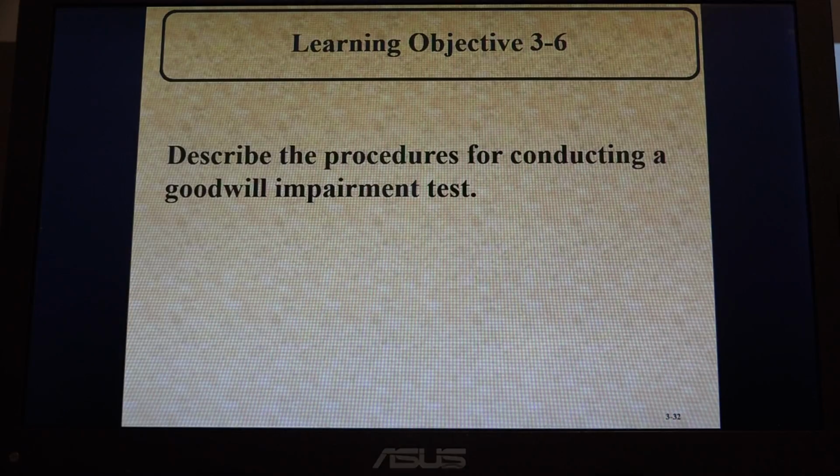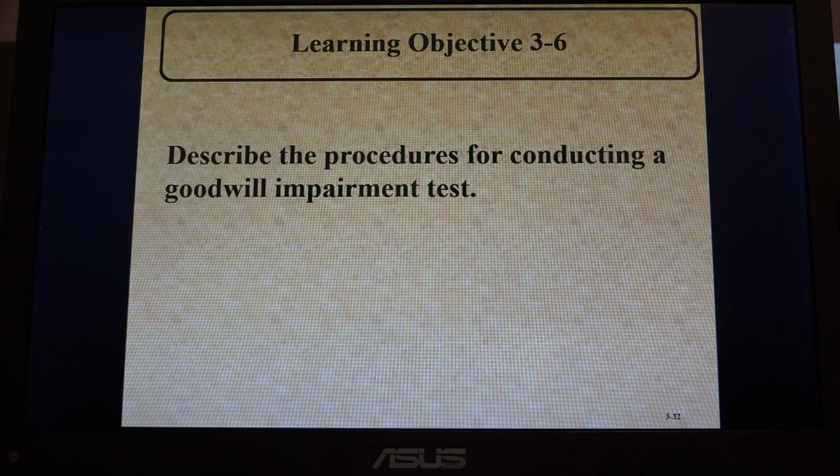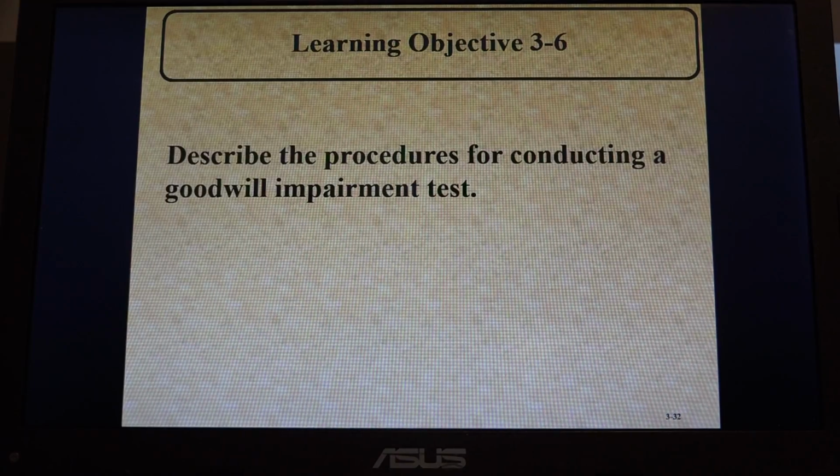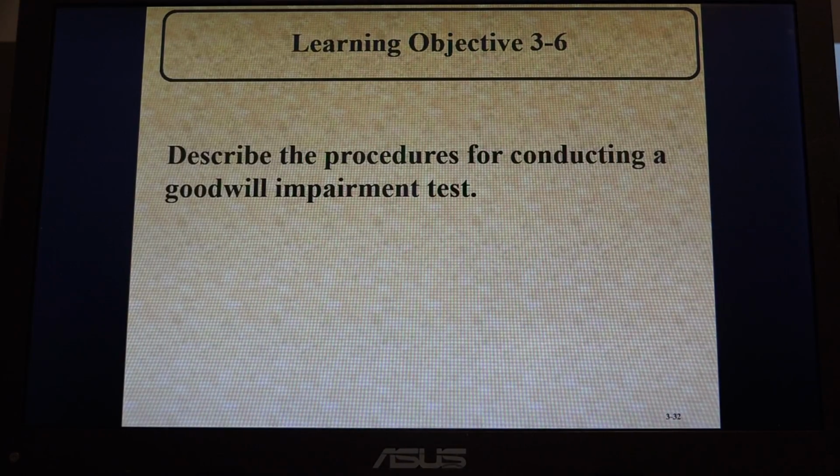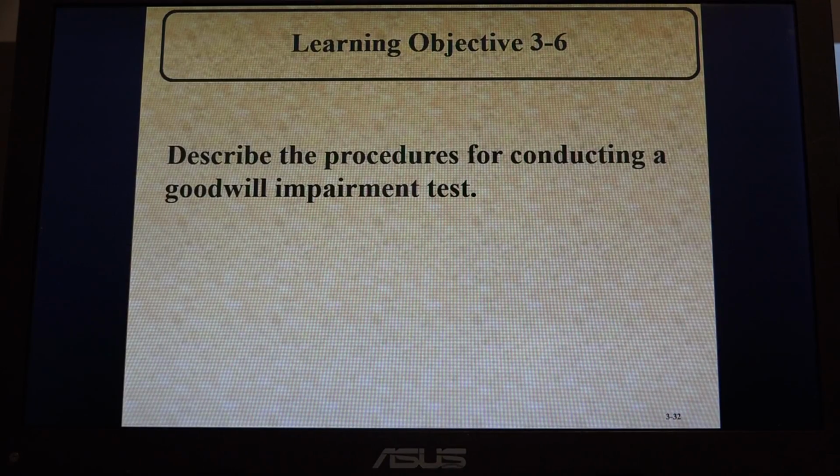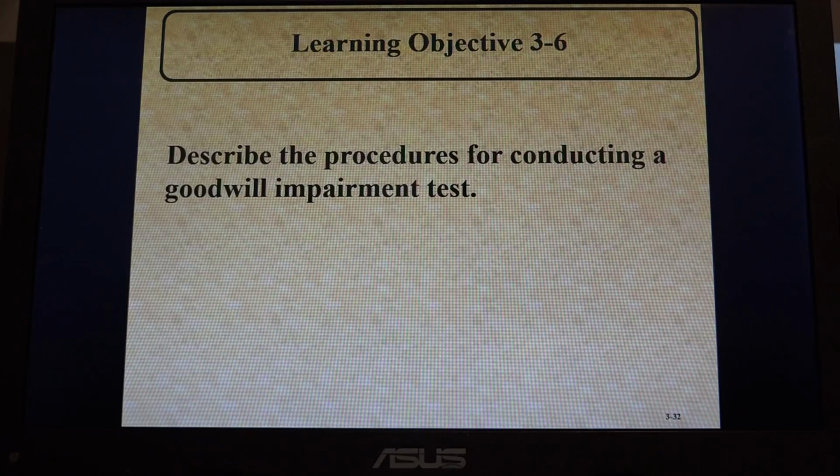Now, this involves valuing assets, including the goodwill involved, of an operating unit. The book goes through quite extensively what an operating unit is. It's really rationally what you think it is: a subsidiary, a unit, a division of a company.